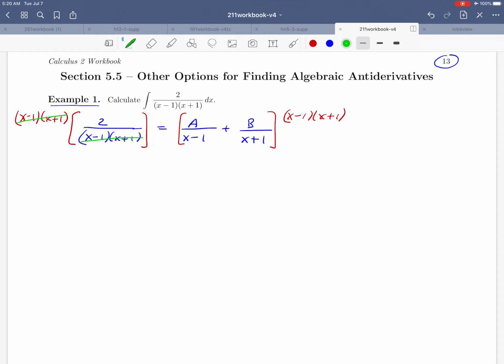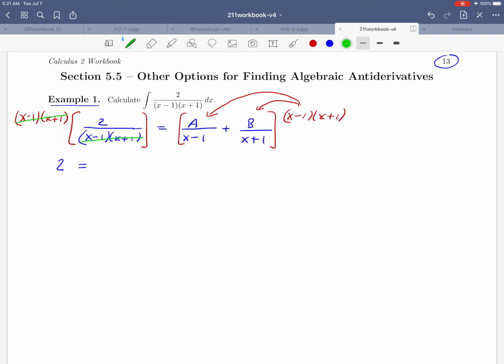And what happens over on the right-hand side? Well, we have two terms, so we actually have to distribute this x minus 1 times x plus 1 and multiply it by both of the fractions that we see. On the left-hand side of the equation, everything is canceled except for the 2. And what happens on the right?